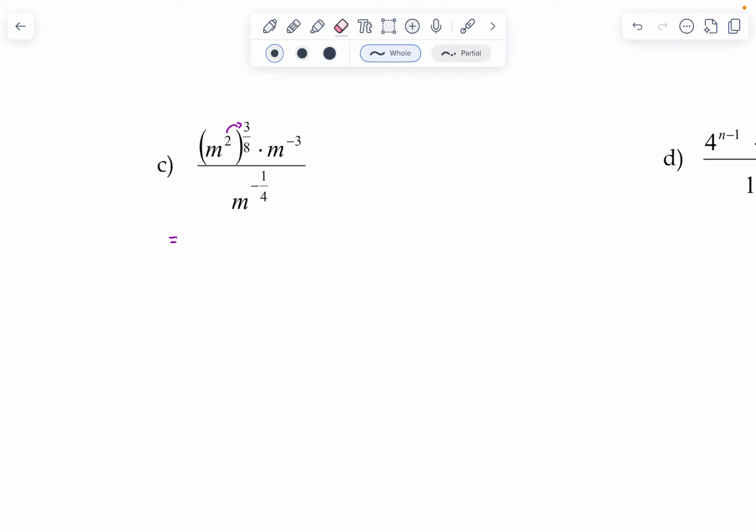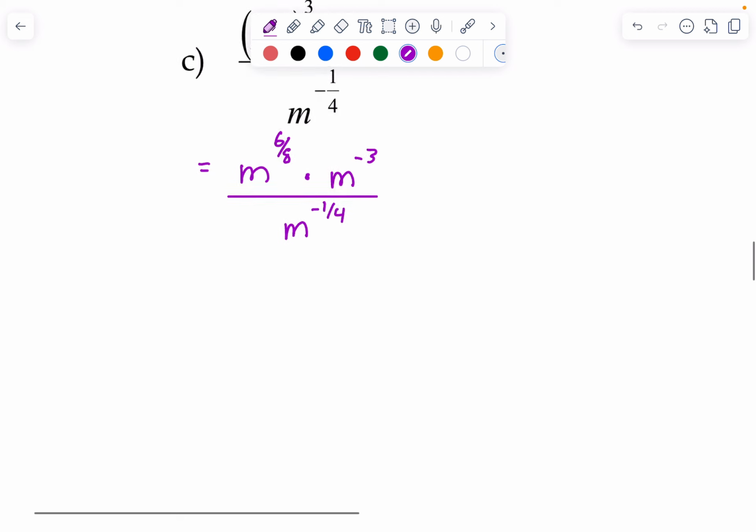So that means multiply exponents. So if I do that, that first one becomes m to the 6 over 8. Multiplying m to the minus 3 all over m to the negative quarter.